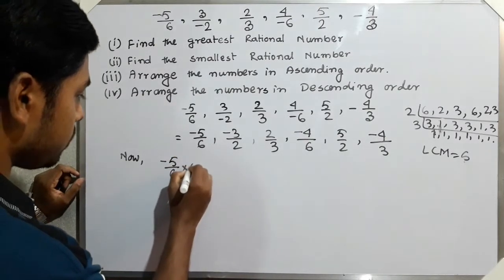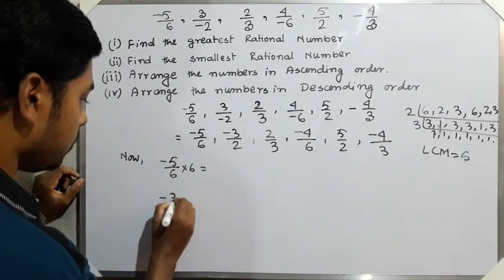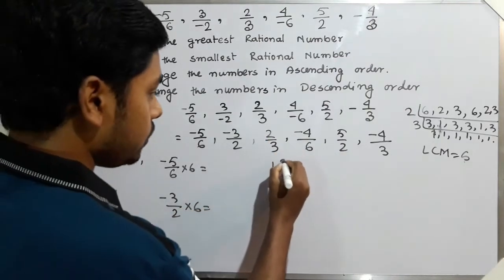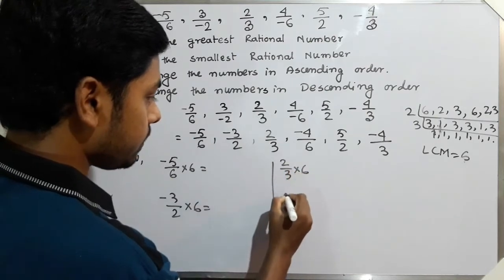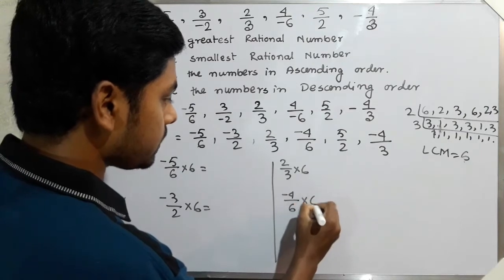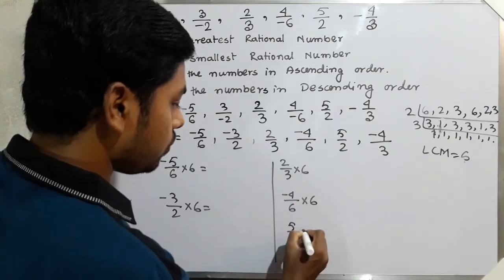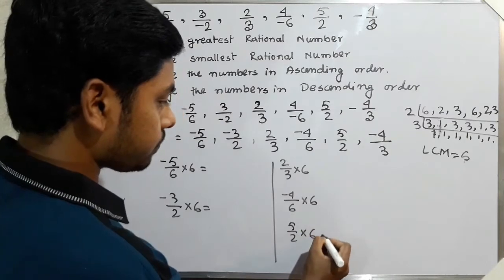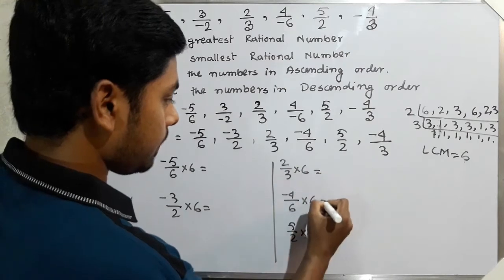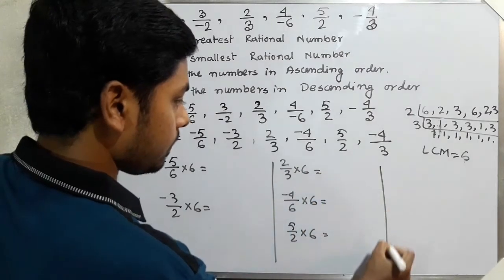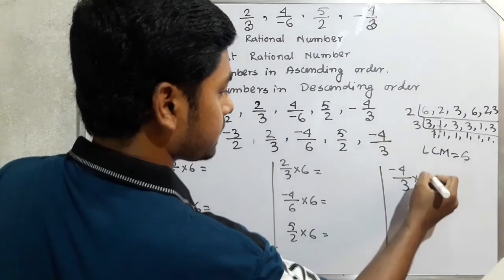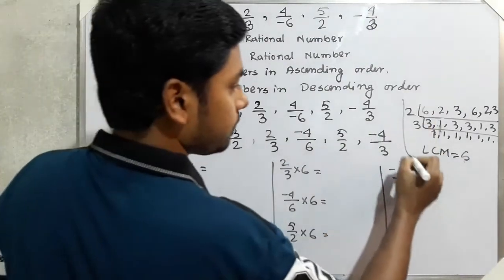Minus 5 by 6 into 6, minus 3 by 2 into 6, 2 by 3 into 6, minus 4 by 6 into 6, 5 by 2 into 6, and minus 4 by 3 into 6. This is in the rough.